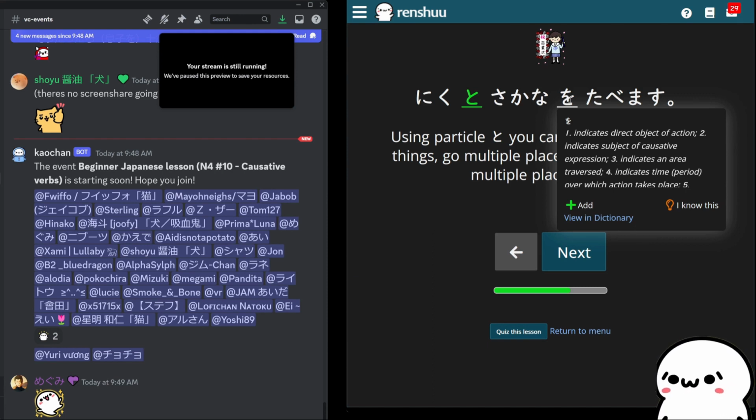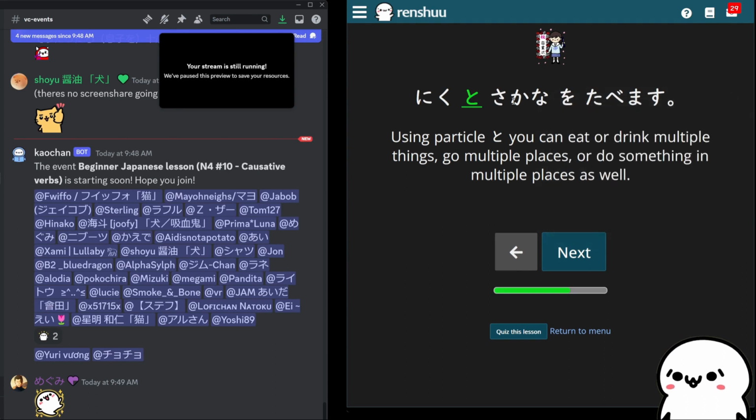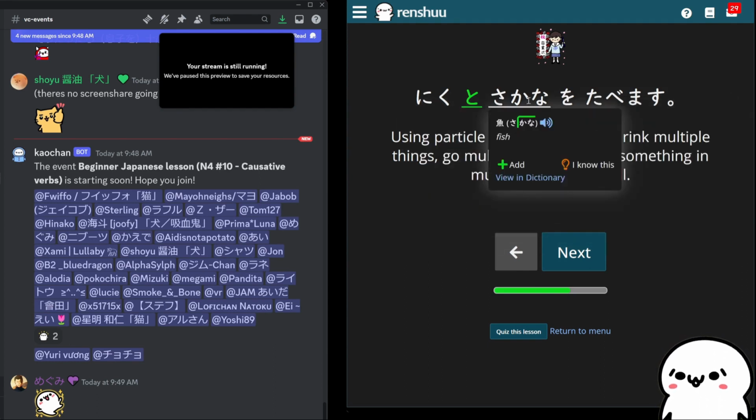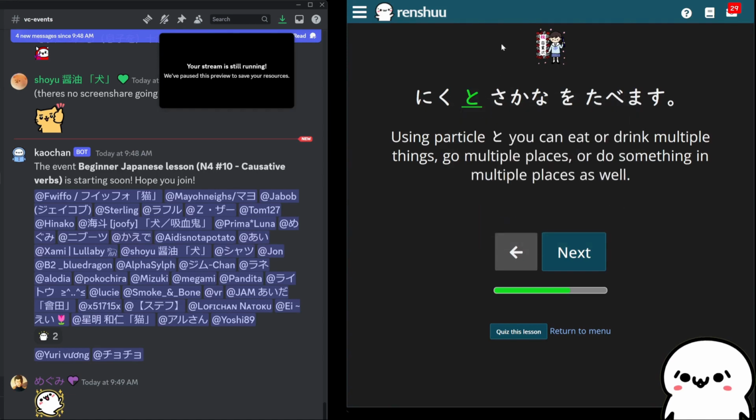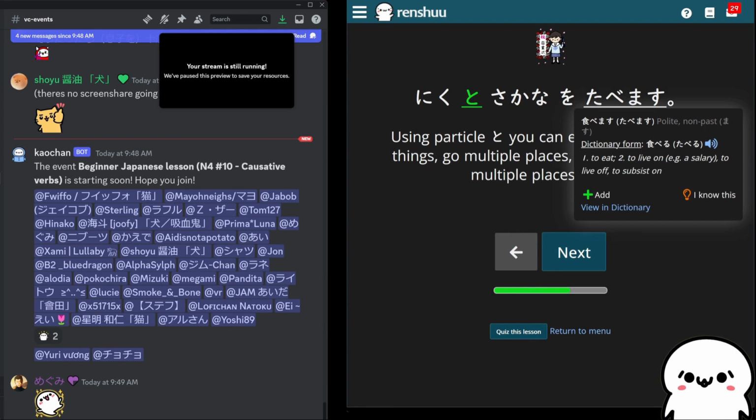In this case, the o is not attaching to sakana. The o is attaching to niku and sakana. The to pretty much hooks those two things together and grabs them and makes it one unit. And then that is affected by whatever comes after it.